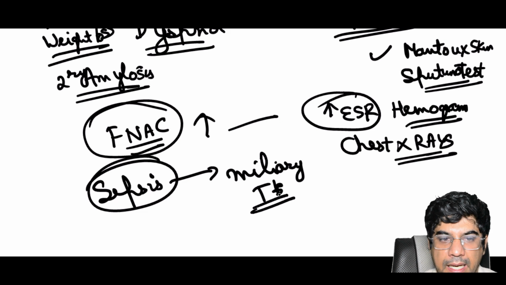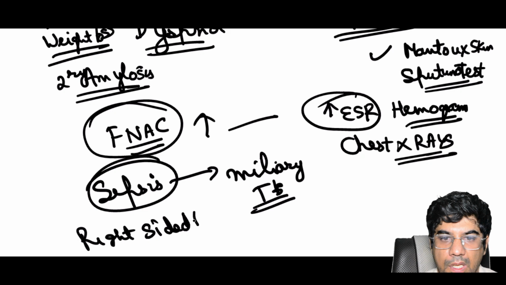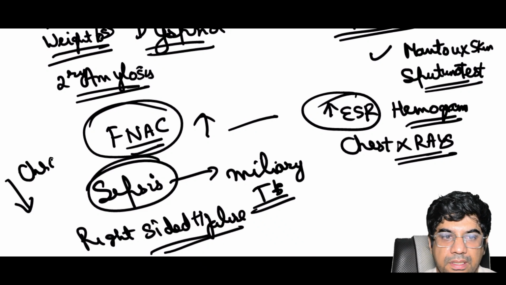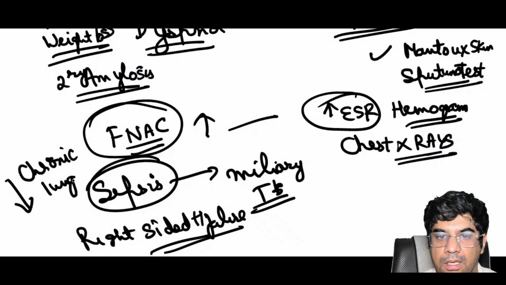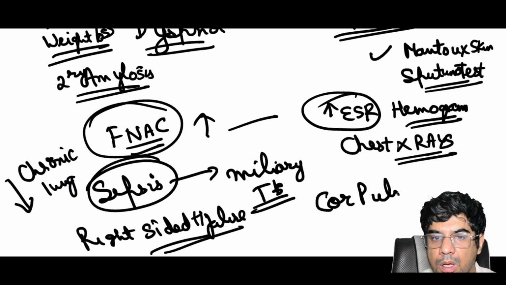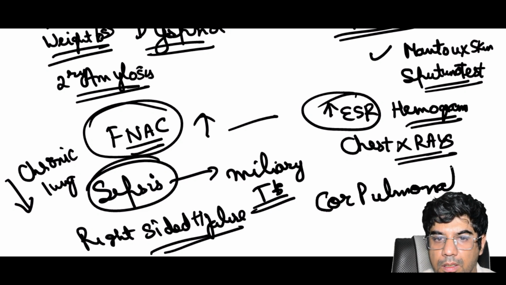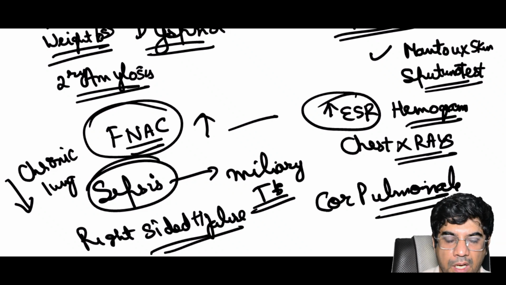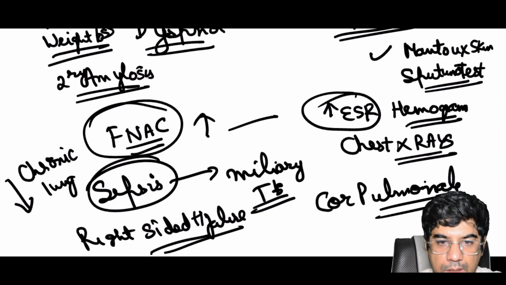Or there could be right-sided heart failure that can result from the chronic lung disease. The term we use is cor pulmonale. Or secondary amyloidosis, which can occur due to the deposition of amyloid protein.